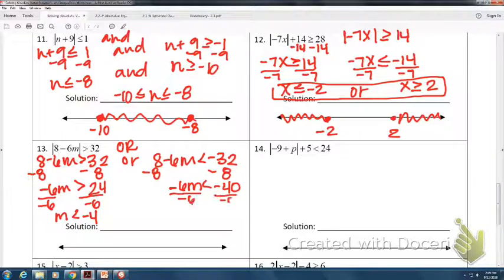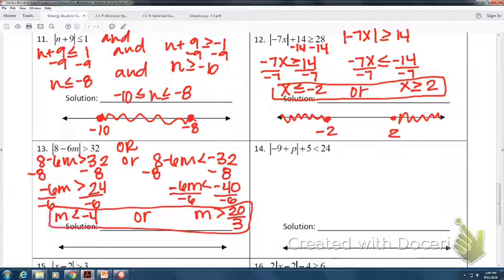Divide and switch your sign. So m is greater than 20 over 3. And this was an or, so it should be opposite. If I have negative 4 and 20 over 3, the circles are open, and it is opposite.